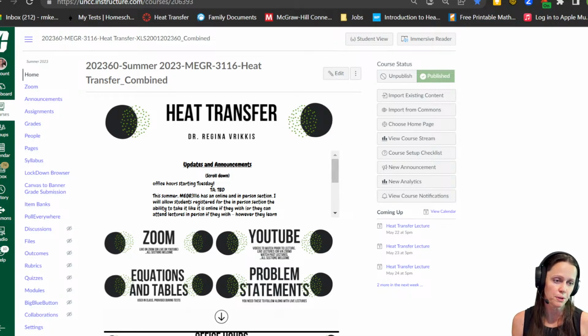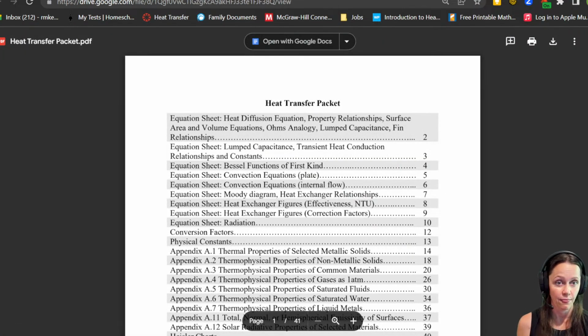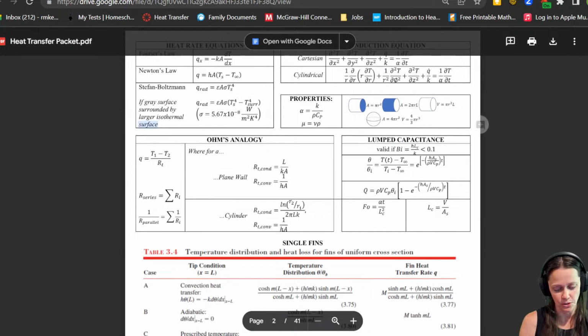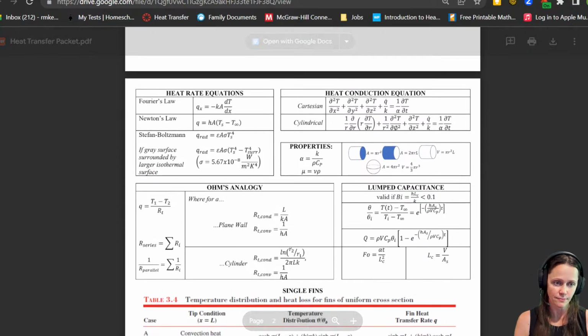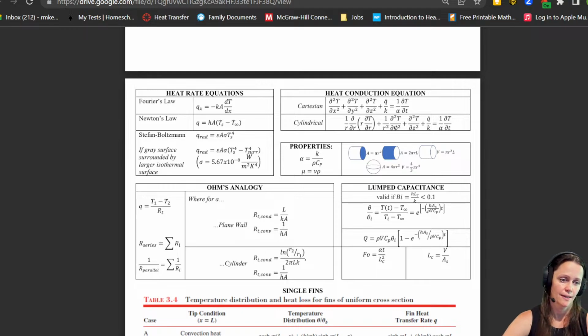Can we use the formula sheet on the test like in previous classes? Yes. The equation sheet tables PDF, when you click on that, go ahead and click on it. That is going to be available to you. If you haven't scrolled through it, you should.